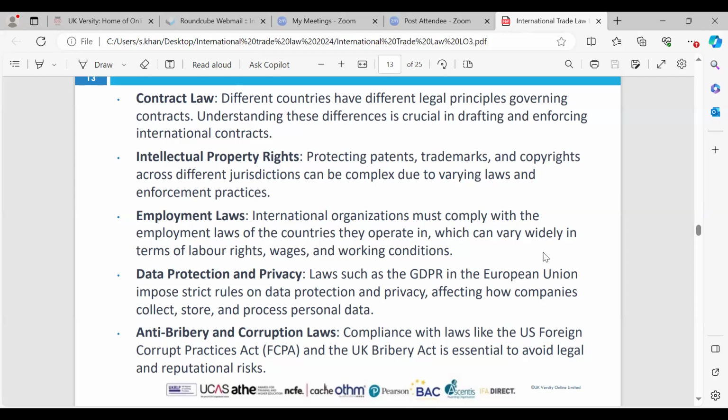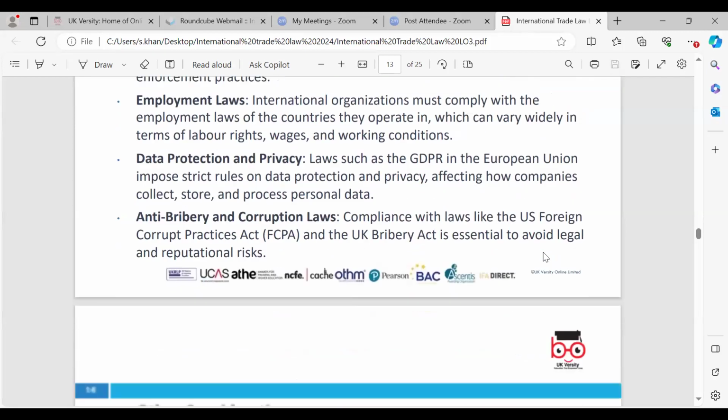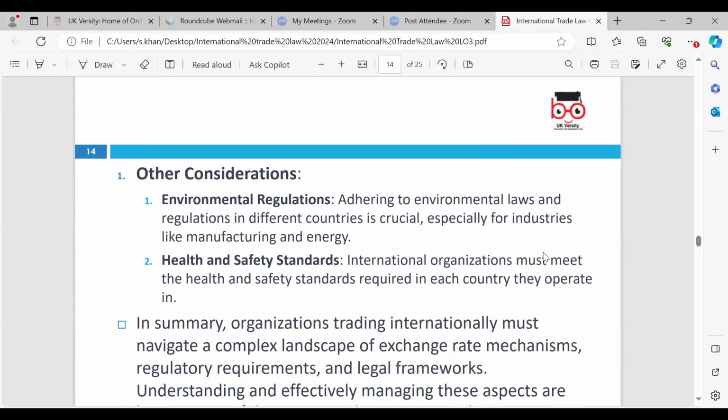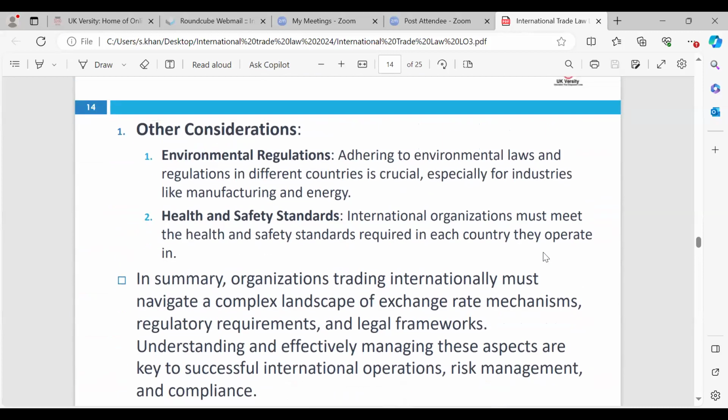Compliance with laws like the US Foreign Corrupt Practices Act, FCPA, and the UK Bribery Act is essential to avoid legal and reputational risks. Other considerations are things like environmental regulations. Adhering to environmental laws and regulations in different countries is crucial, especially for industries like manufacturing and energy. So taking into account any environmental issues, issues around ozone, pollution and things like that.